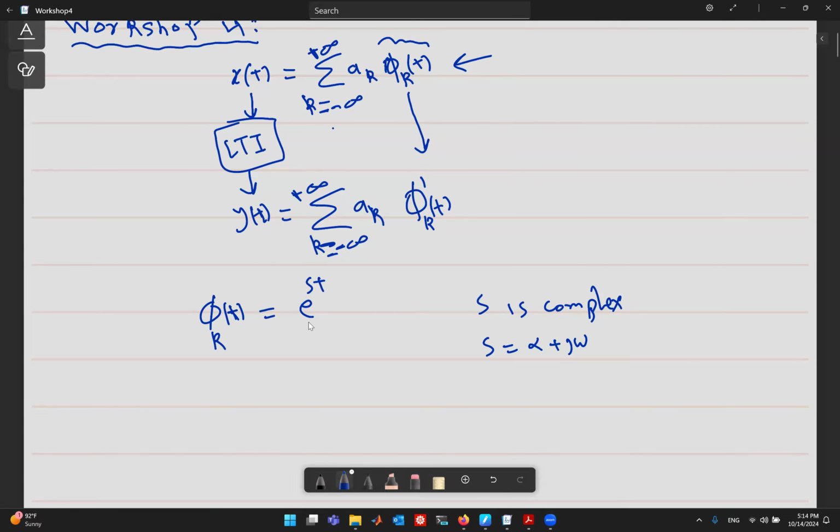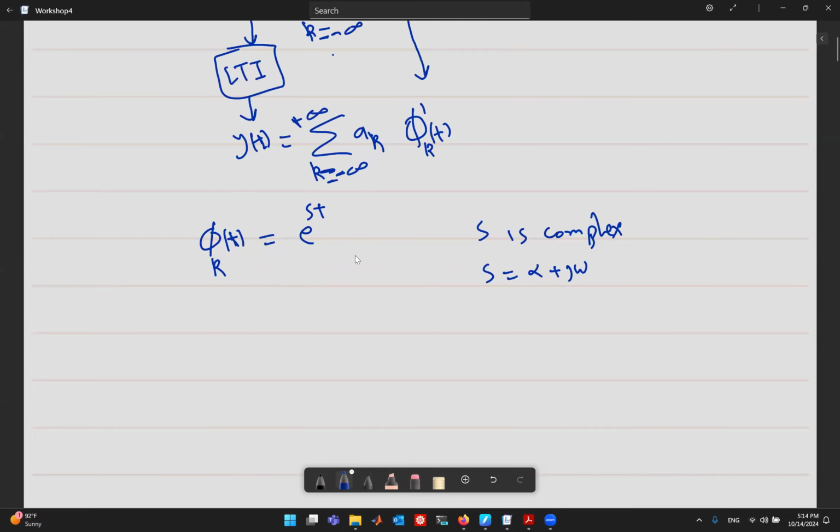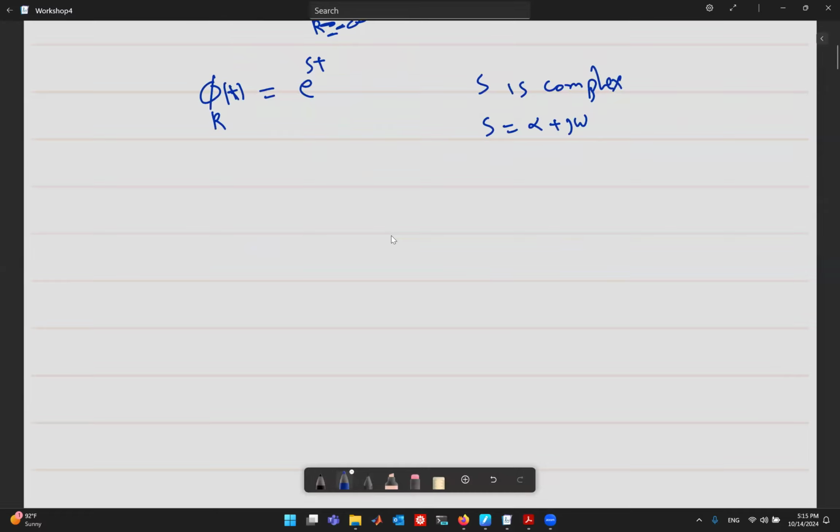Do you remember the eigenfunctions of linear time invariant systems? Those exponentials are eigenfunctions of linear time invariant systems, which means that if I have an LTI system and I use this exponential as an input, what will be the output of this system?